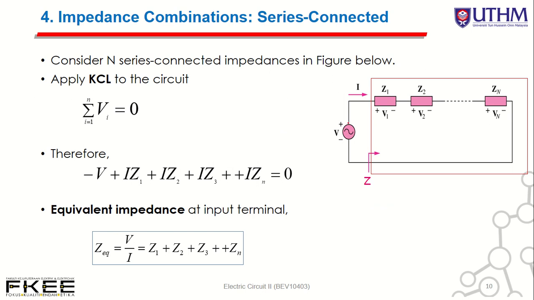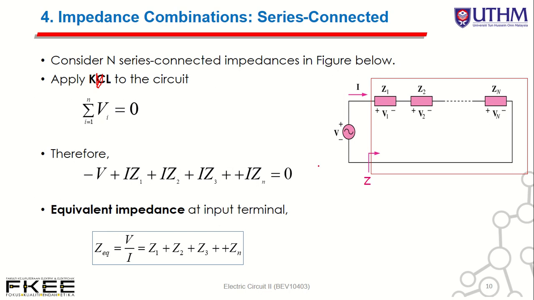Okay, let's say we have a circuit V and we have a load, Z1, Z2 until Zn. Let's say the voltage across Z1 is V1, V2, and Vn. So by applying Kirchhoff voltage law, KVL, to the circuit, the summation of voltage equals 0.